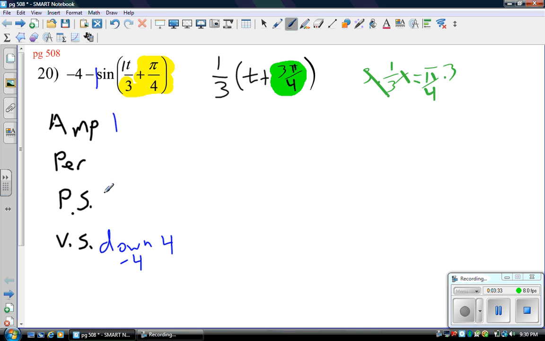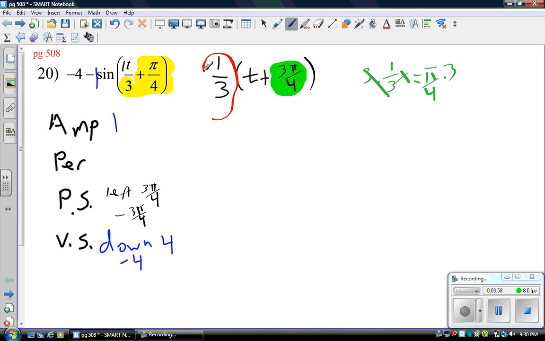So for phase shift, you can either say left 3 pi over 4, or the book may say, and sometimes it's written just -3 pi over 4. But since we're talking phase shift, we should know that that means left or right movement. So -3 pi over 4. Last thing is the period. This goes back to our previous section of notes.